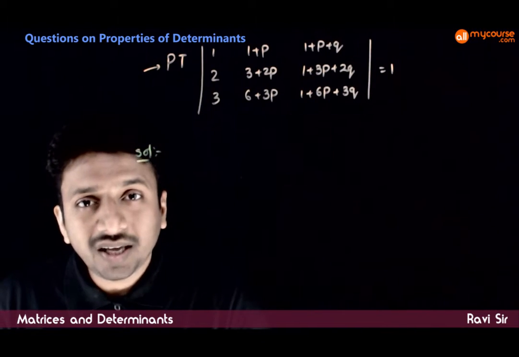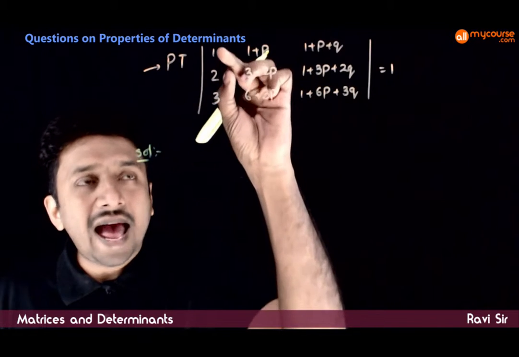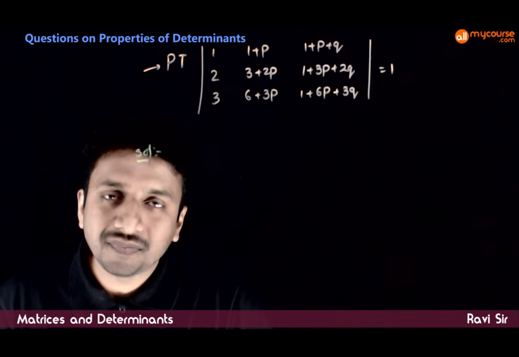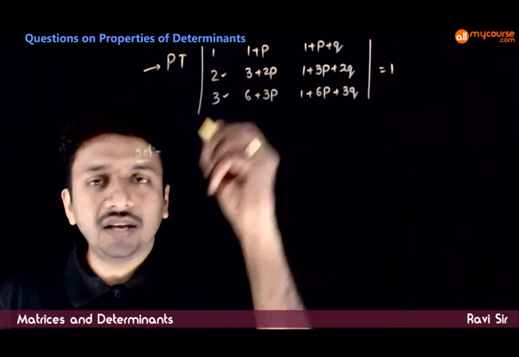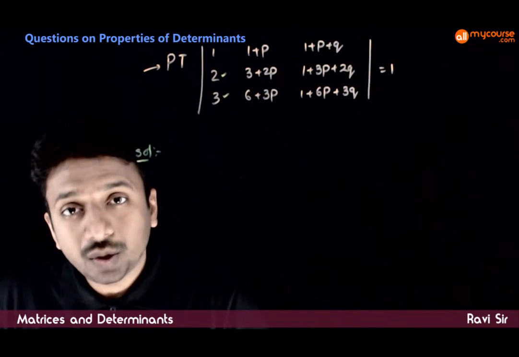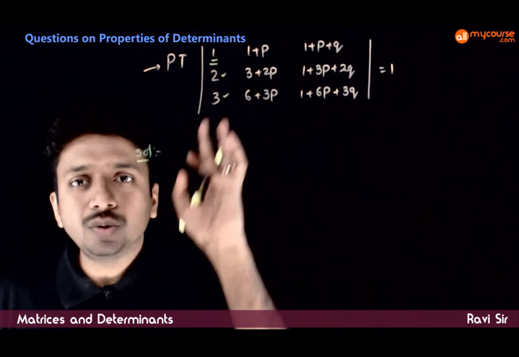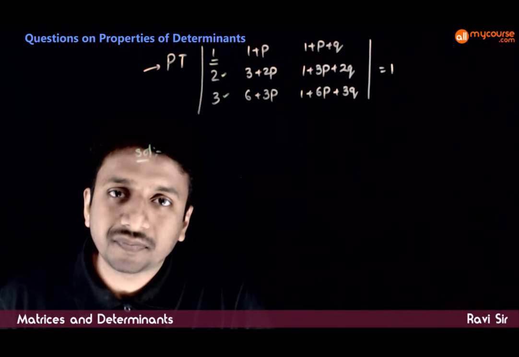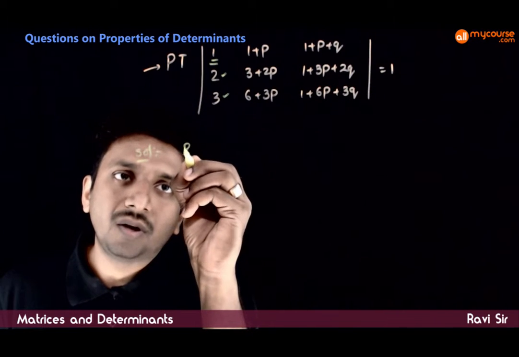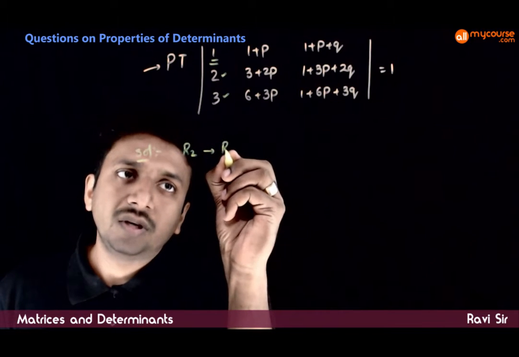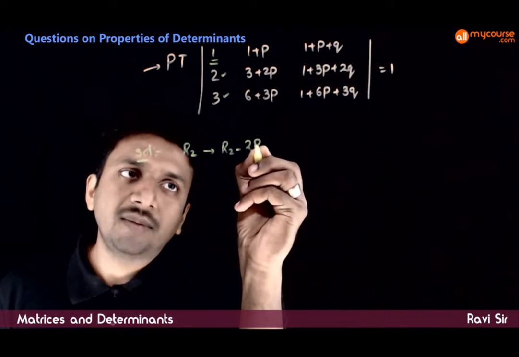So the usual trick is to make as many elements in a row or a column into zeros. So you have 2 here, you have a 3 here. So what I try to do is, using this one, I'll try to make these 2 elements as zeros. So row 2 tends to row 2 minus 2 times row 1.